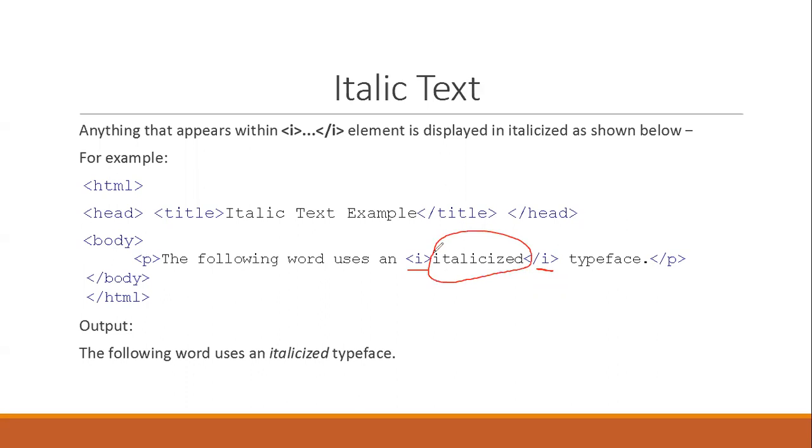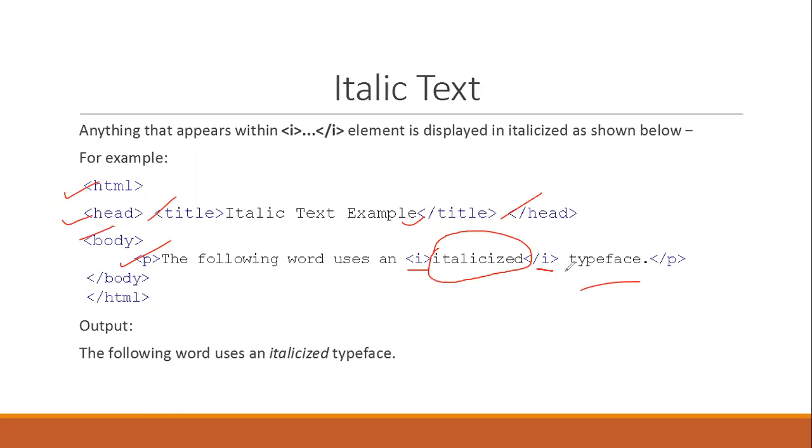So here, first of all, we are going to take the structure of the HTML. Inside the HTML there is head, inside it the title is being closed, and then head is also being closed. Then body is being started over here, and in body we are going to declare a paragraph. In the paragraph we are writing the following words: use an italicized typeface.